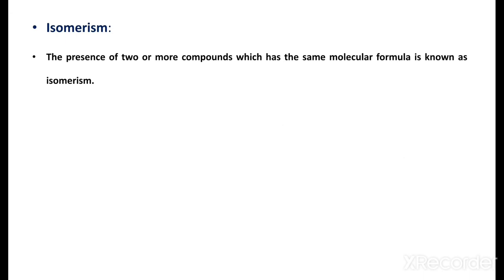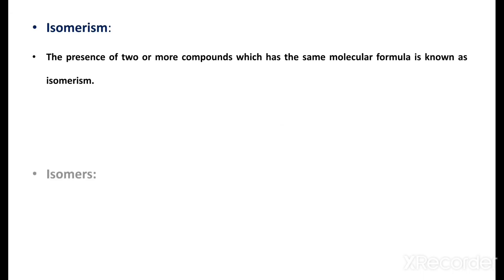What is isomerism? Isomerism is the phenomenon in which more than one compound has the same chemical formula but different chemical structures. Look at this, the presence of two or more compounds which have the same molecular formula is known as isomerism.